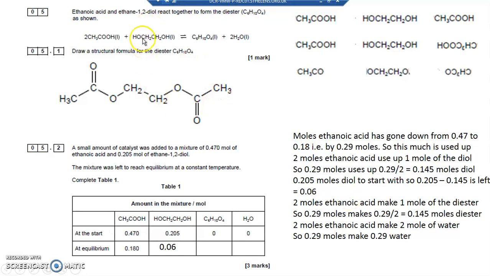So how much of this has been reacted? 0.145 moles of this has been reacted, has been used up, so I must make 0.145 moles of this. Every time I make 1 mole of that, I make 2 moles of water, so if I double this, 0.145 multiplied by 2 gives me 0.29 moles of water.